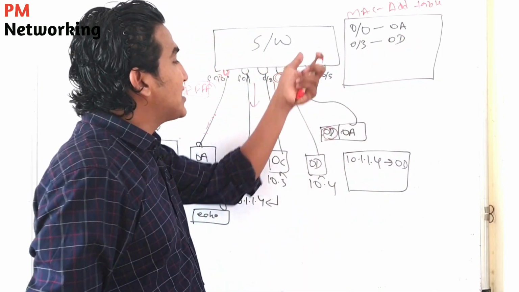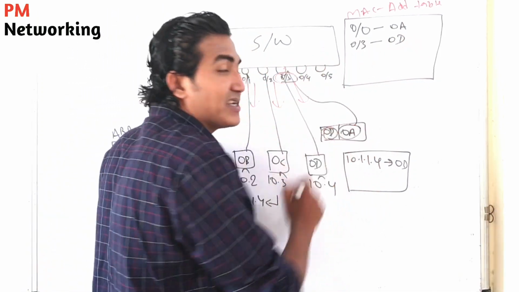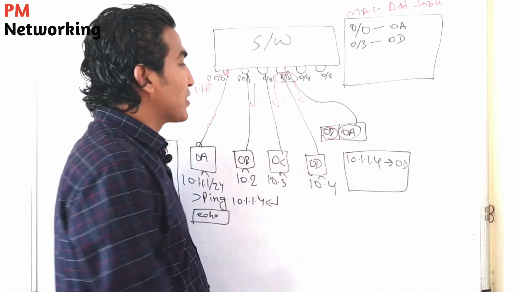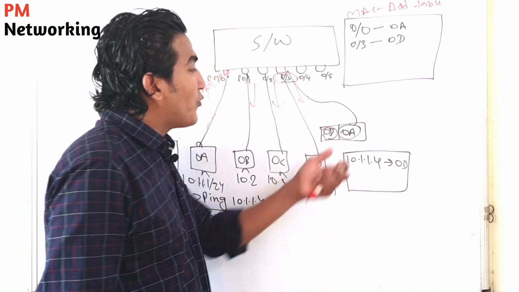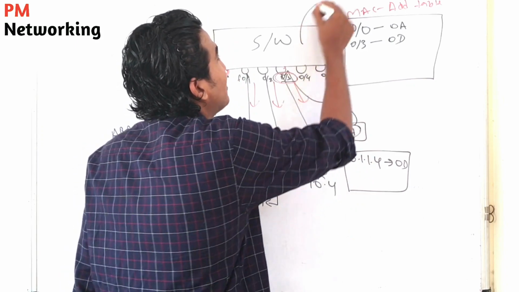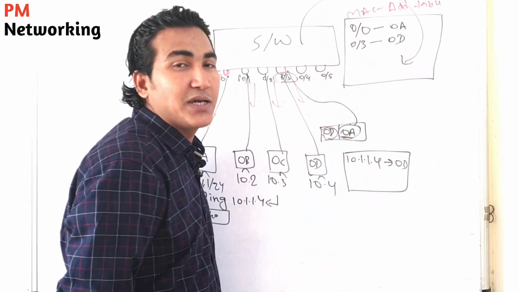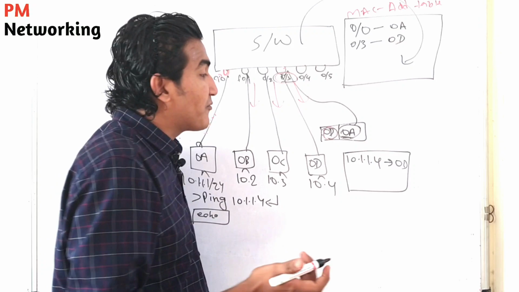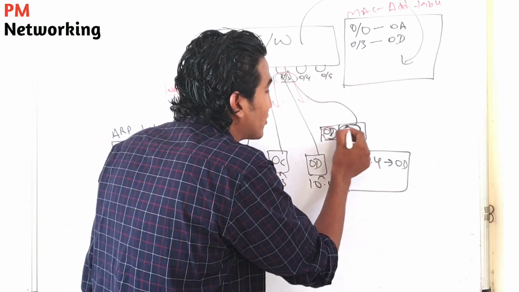And then the switch will check what the destination MAC address is. The destination MAC address is 0A. To forward this traffic to 0A, what will the switch do? The switch will look in its MAC address table to find the exit interface for 0A.